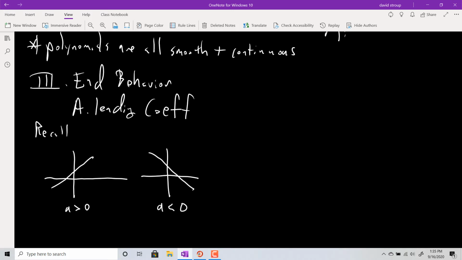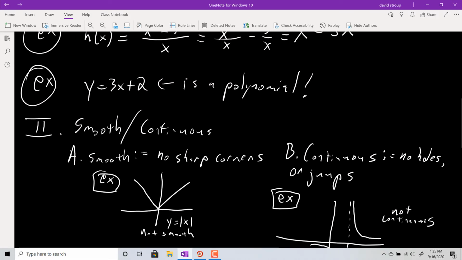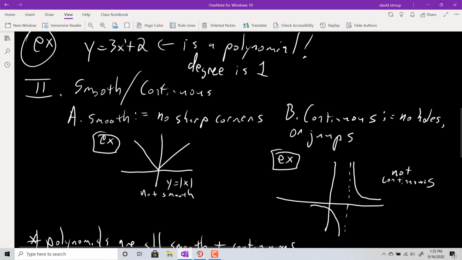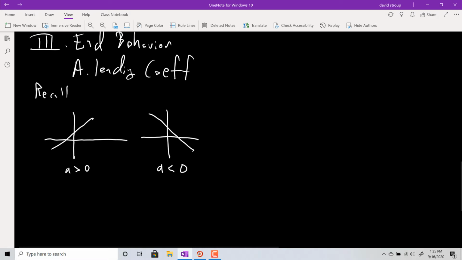And what's the degree of the equation of a line? Let's go back up there and look. The degree of y equals 3x plus 2 is 1. You don't see it, but just because you don't see it doesn't mean it's not there. The degree is 1. So instead of saying degree 1, we're going to say this is degree odd.